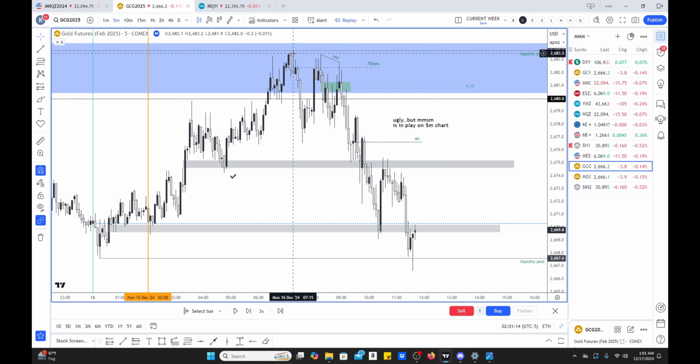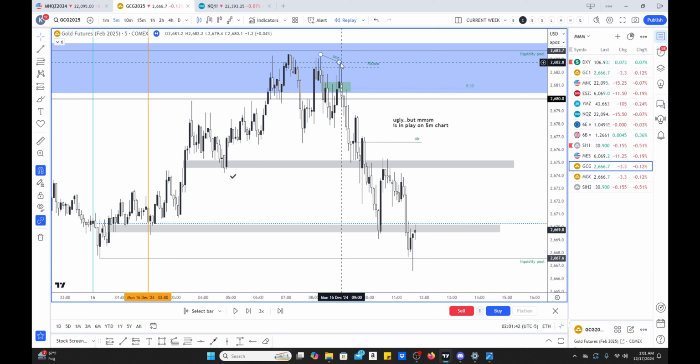So the fact that the structural high didn't get pierced is a little bit different from the regular SMT where you just see, for example, this might be a high and then this one made a higher high, right? But then the other one didn't make a higher high. What I'm saying is the primary structure that I'm watching, which is this low to this high, is the primary structure. And because that primary structure did not get pierced, I'm considering that an SMT or deferred SMT setup.